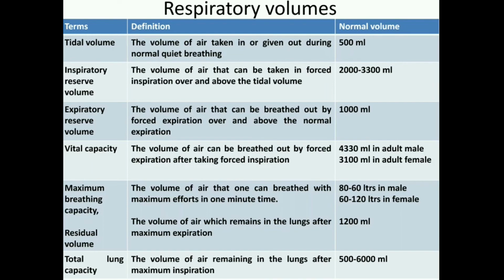First there will be a forced inspiration and next a forced expiration. The normal volume for an adult male is 4330 ml, whereas in the case of females it is 3100 ml.